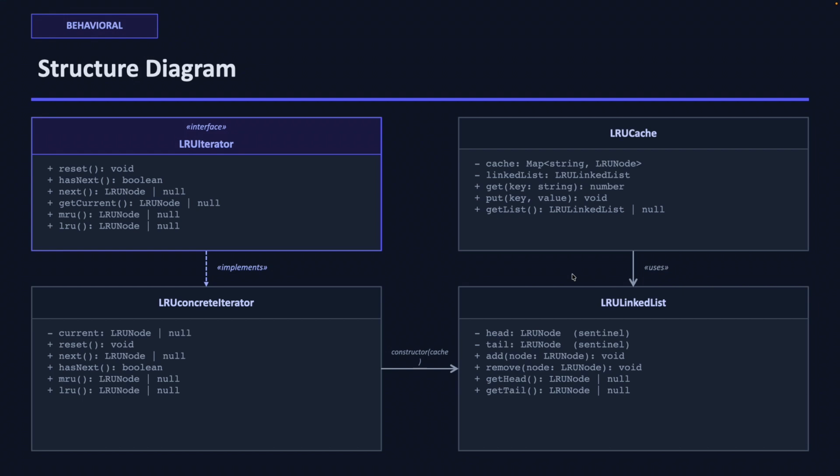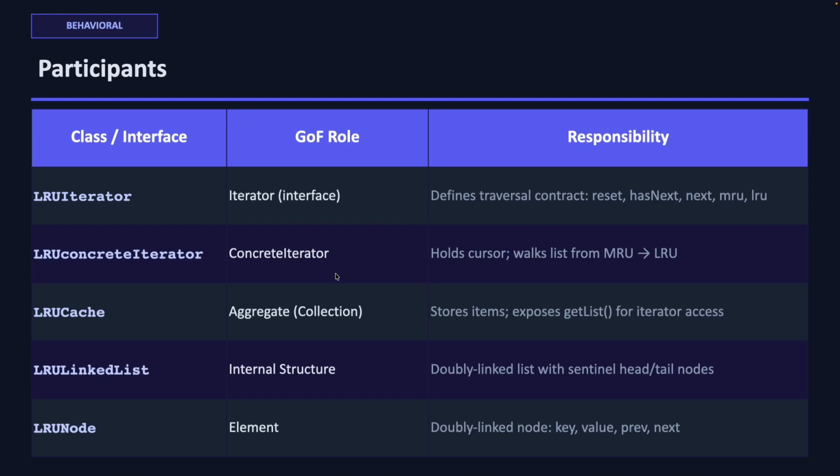That is the internal doubly linked list the iterator will walk through. The key relationship is that the client only knows about the least recently used iterator. It never touches the least recently used cache internals, and it never sees the least recently used linked list directly. The arrow from the least recently used cache to the least recently used linked list is the part the iterator will hide.